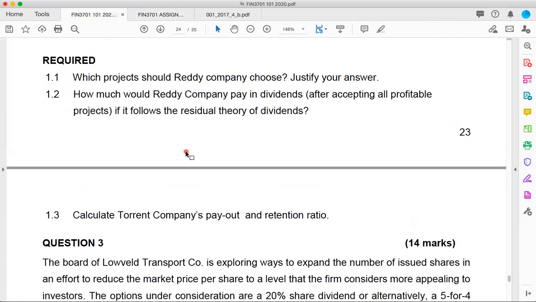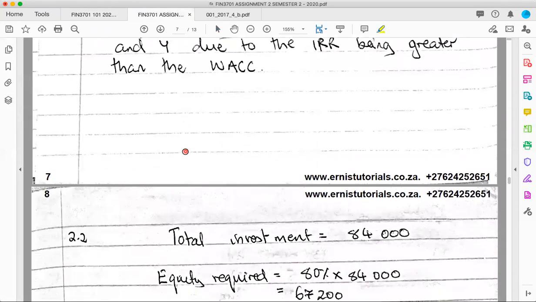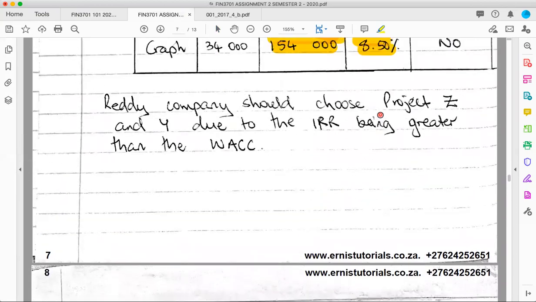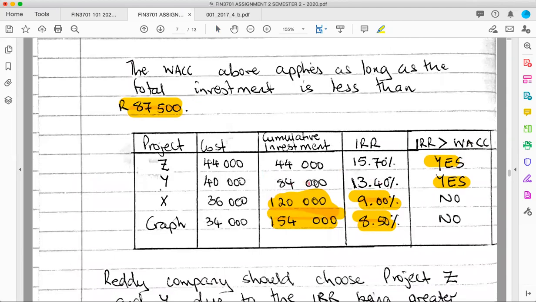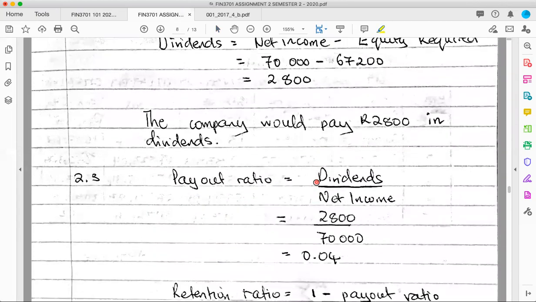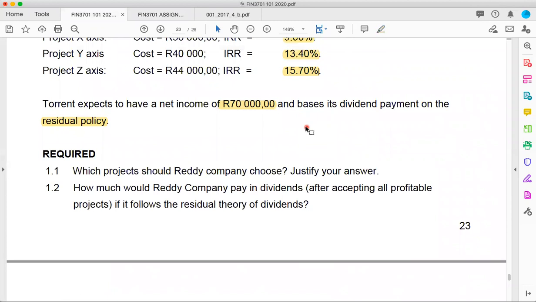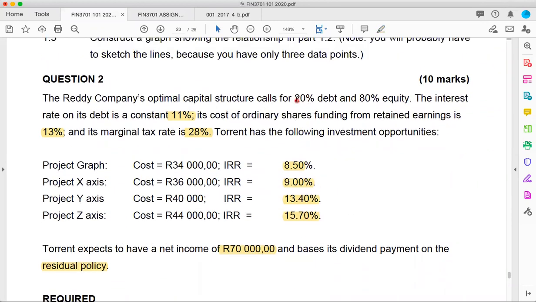Part 1.2 says, how much would Ready Company pay in dividends after accepting all profitable projects if it follows the residual theory of dividends? So if you follow the residual theory of dividends, our total investment will be 84,000, and then 80% of this will be financed with equity, because we were told that the company has an optimal capital structure of 20% debt and 80% equity.